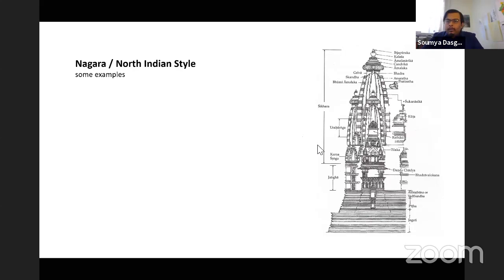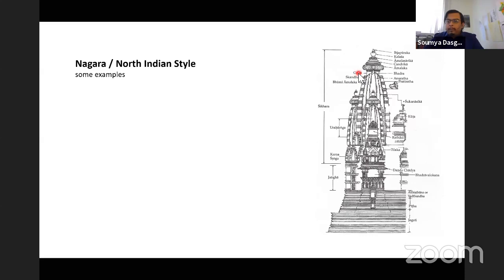Now, as you can see, this is a typical North Indian temple. This is the shikhara, which is where we are mostly interested. It is relevant to bring in the example of the human body, as the words here reflect the parts of the human body.